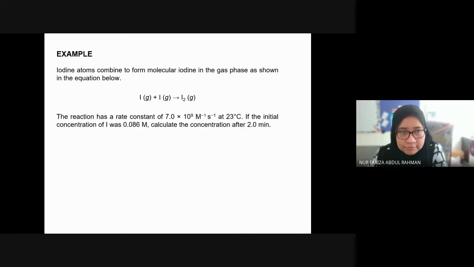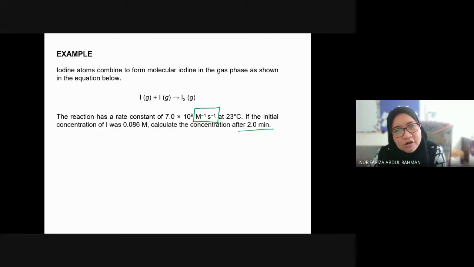Iodine atom combine to form molecular iodine in the gas phase as shown in the equation below. The reaction has a rate constant of this. Dan baru tengok tadi kan, kita dah boleh terus hafal dah sebenarnya. M-1, S-1. Okay, if the initial concentration of I was 0.086 molar, calculate the concentration after 2 minutes.